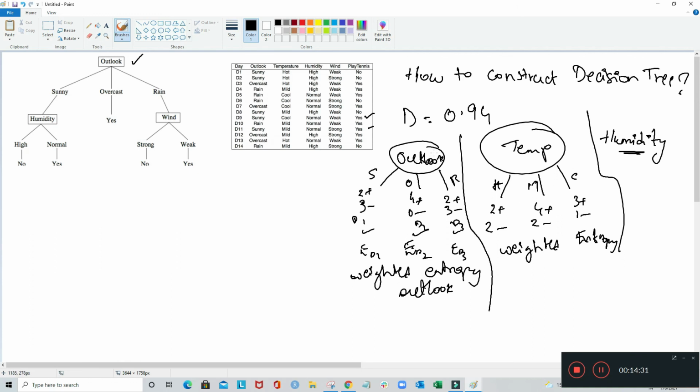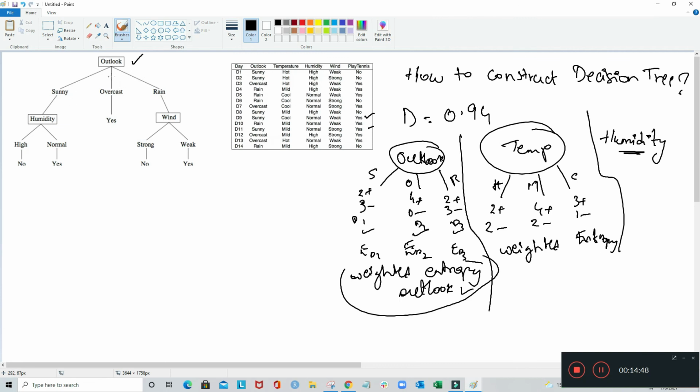So for each of these features we calculate the weighted entropy, and the one with the highest information gain would be considered as the first parent node.